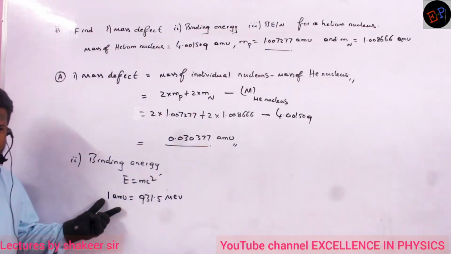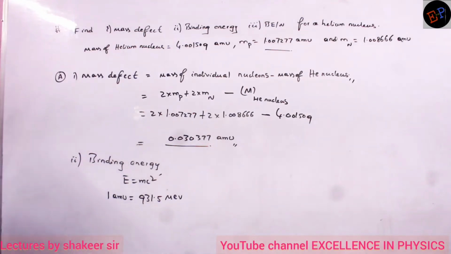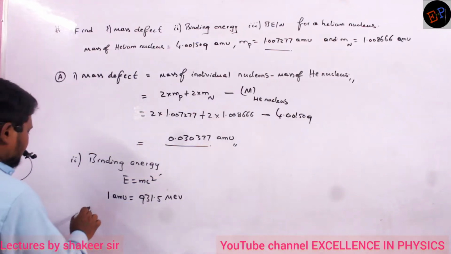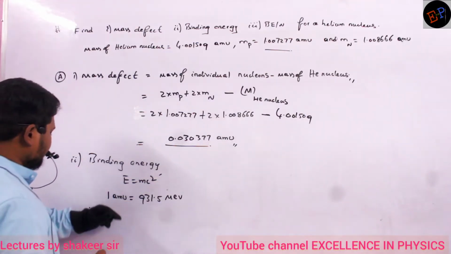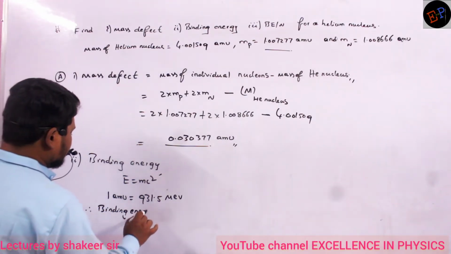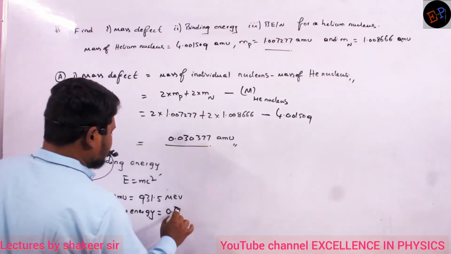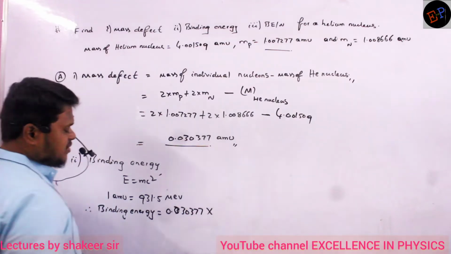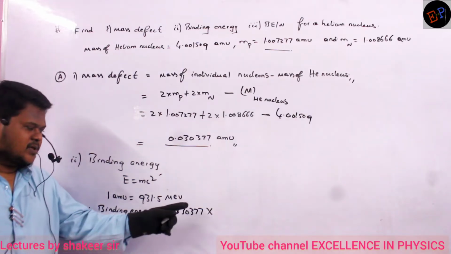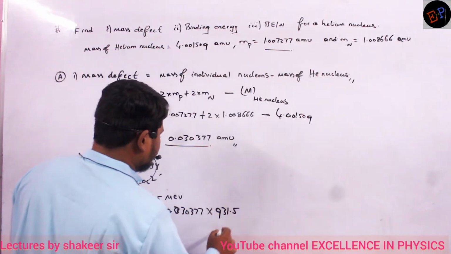Here I got the answer in terms of AMU only. So the energy released, or binding energy, is the mass multiplied by 931.5. 0.030377 AMU has disappeared, and 1 AMU converted into energy releases this much energy.